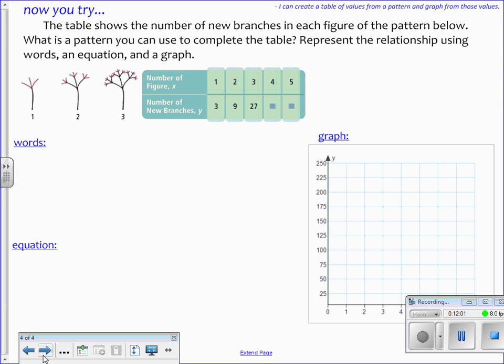Now you try. The table below shows the number of new branches in each figure in the pattern below. What is the pattern you can use to complete the table? Represent this relationship using words, an equation, and a graph. Early computer-generated animation. When they first started making animation with a computer, the computer was actually generating the whole thing.